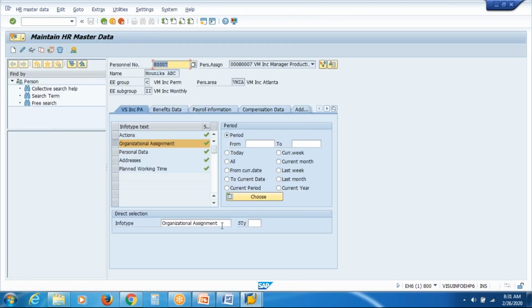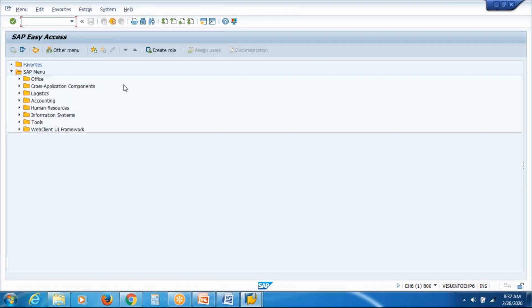All this information will be captured by the end users or the business users. Performing the time evaluation, performing the payroll run, seeing the payroll results, seeing time evaluation results, all that stuff, as you said, background checking, doing the recruitments, entering the applicant data, all this stuff will be taken care of by the end users. Maintaining the master data is a responsibility of the end users.